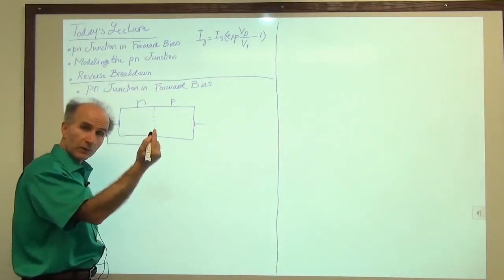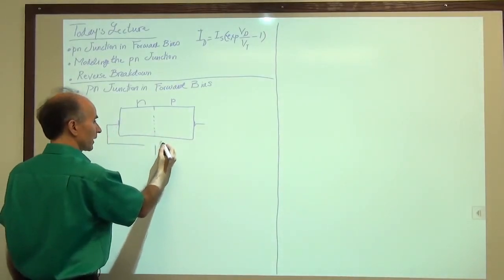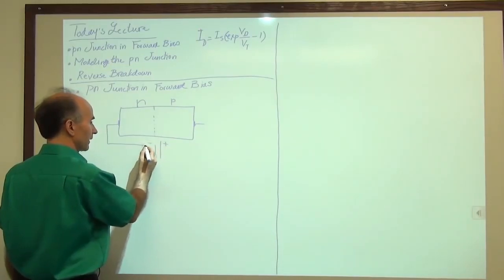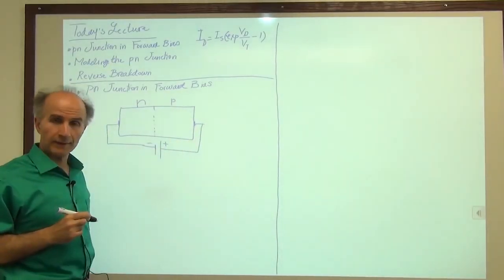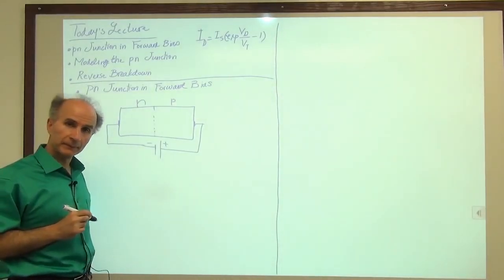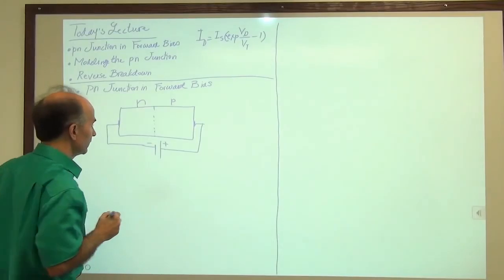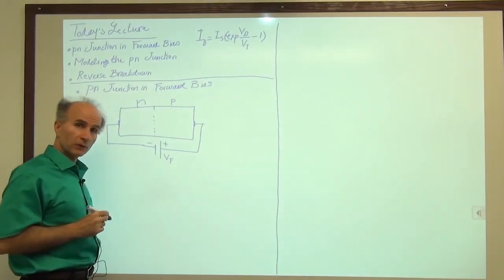So the inverse of what we saw for reverse bias. So here's a battery, positive on the right, negative on the left, and we connect it like so to the p-n junction. Okay, so now what happens? Well, let's call this VF for forward bias voltage.